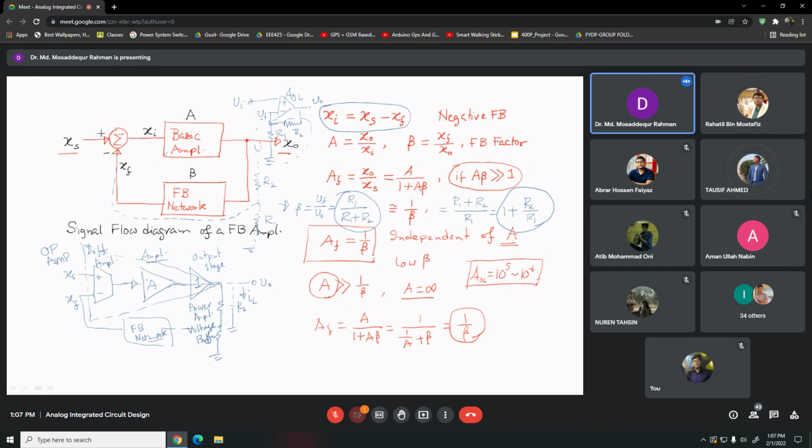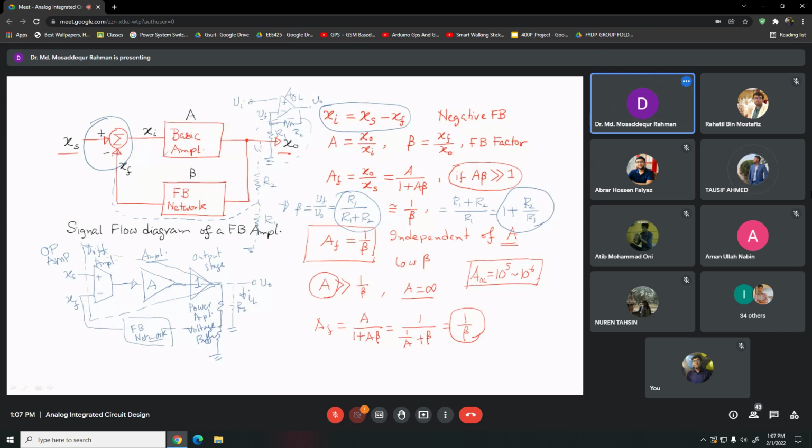Sir, what is at the left of the op-amp? Is it a gate or something, sir? At the input side, right? Input side that we call this, so we need to take the difference of the two signals, right?